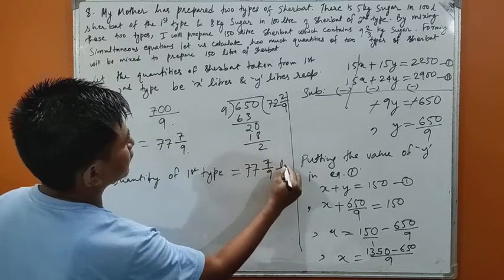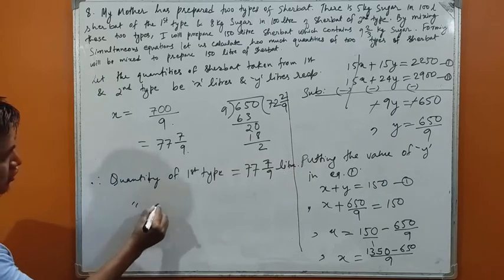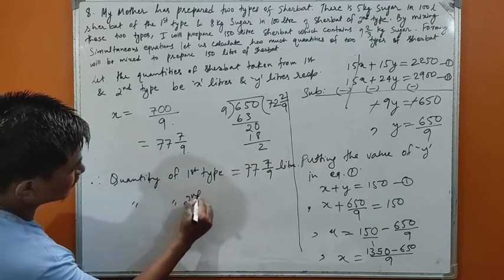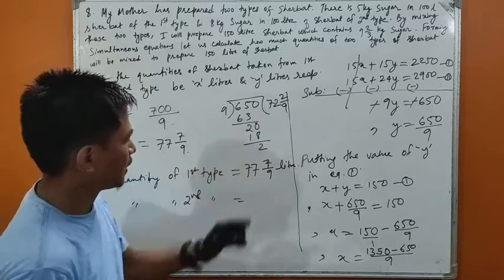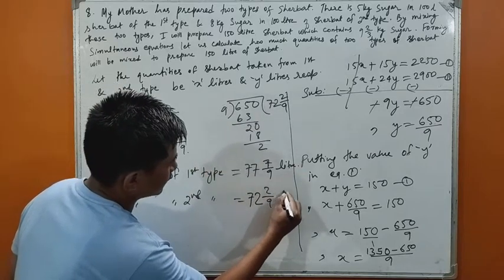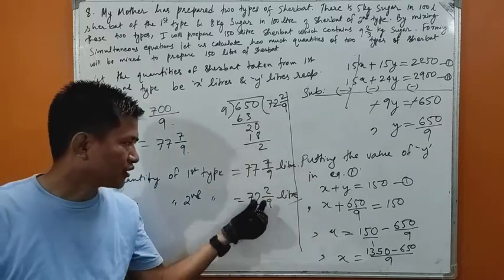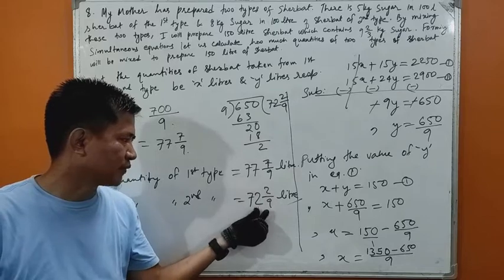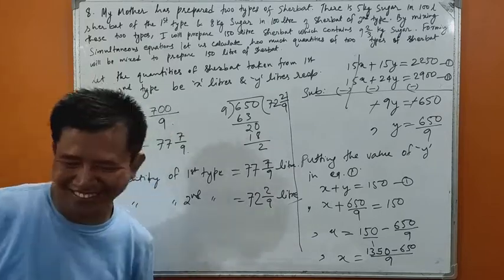This is the quantity of the sarbat taken from the first type of sarbat, okay? And quantity of second type equals 72 whole 2 upon 9, isn't it? 72 whole 2 upon 9 liters. I hope you understood this. If you add these quantities of first type and second type, you will get 150 liters, isn't it?